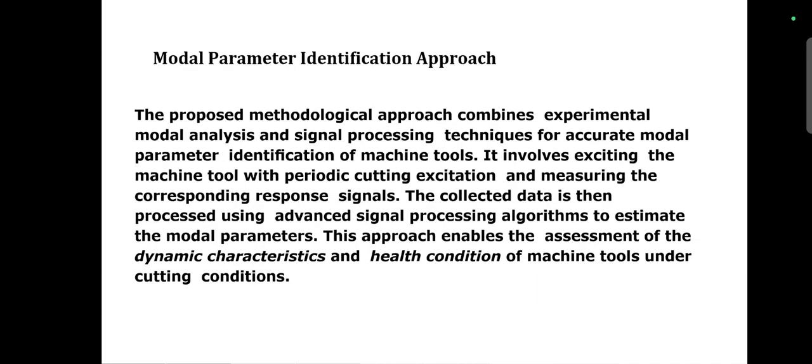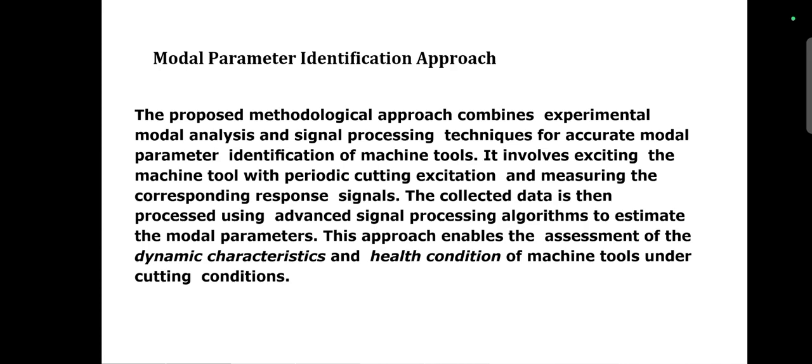Coming to the parameter identification approach. The proposed methodological approach combines experimental model analysis and signal processing techniques for the accurate model parameter identification of the machine tool. It involves exciting the machine tool with periodic cutting excitations and measuring the corresponding response signals.